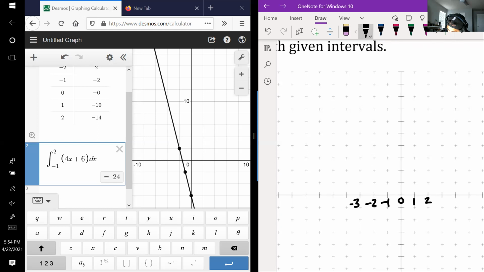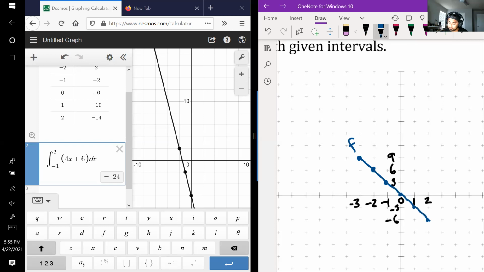I could go by 3s. Sure. It'll save time. 3, 6, 9, and then -3, -6. So for our graph, it's -3, 9, -2, 6, -1, 3, 0, 0, 1, -3, and 2, -6.